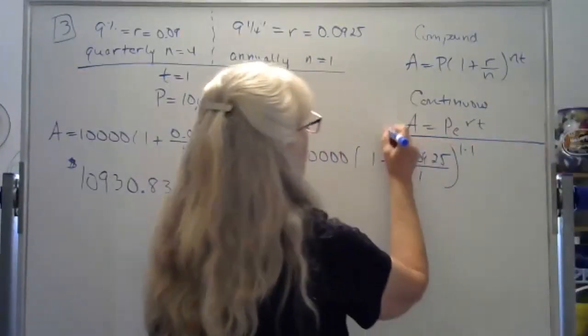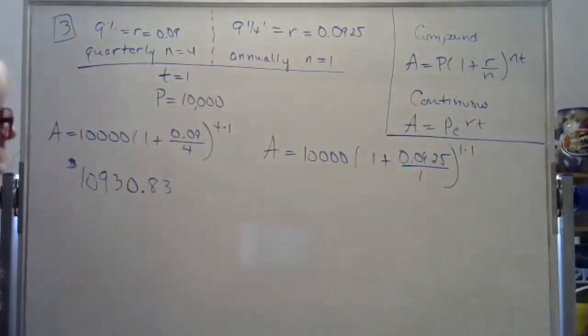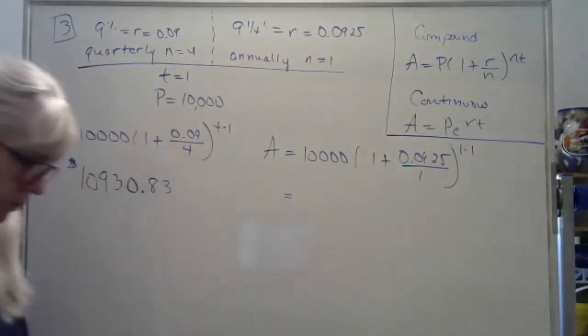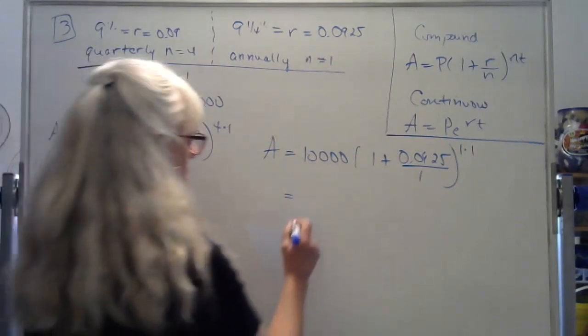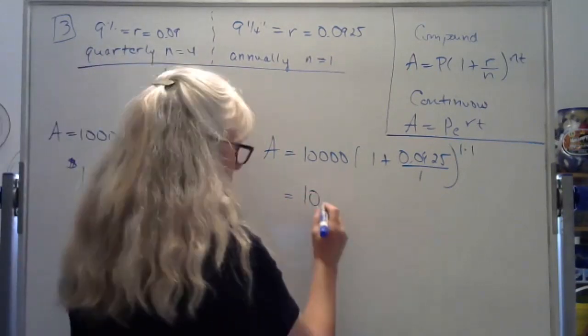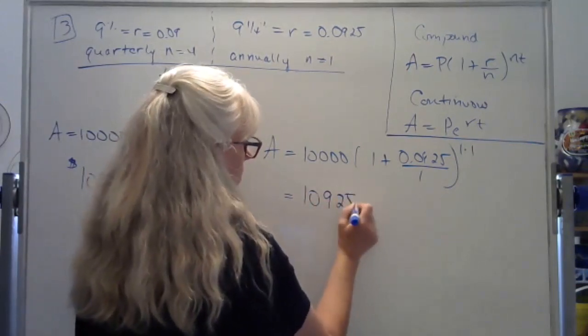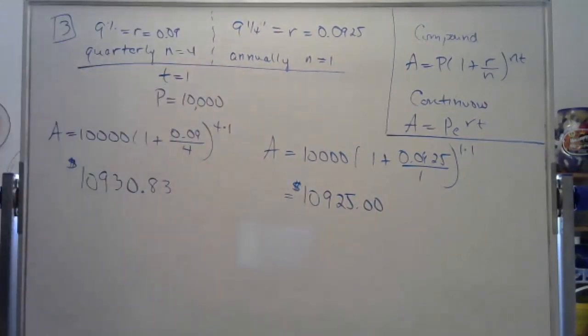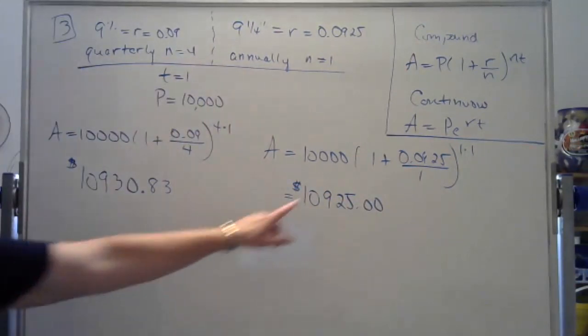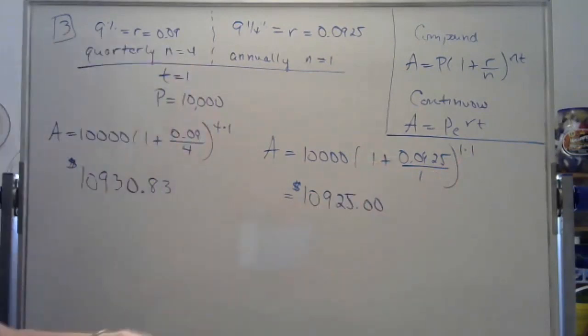So on that one, I got 10,925. And even because it's for 1 year, so literally all the ones are kind of not necessary, right?